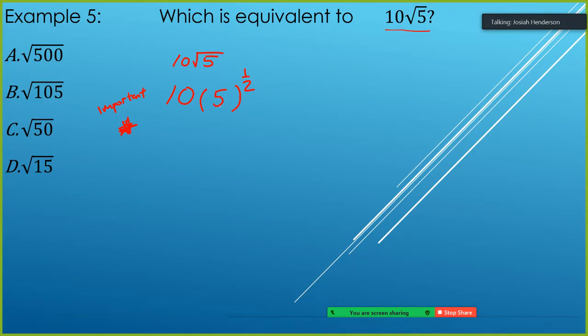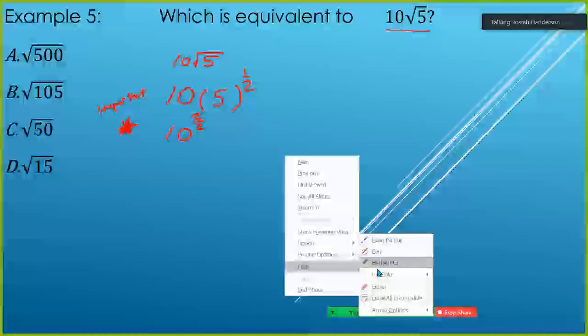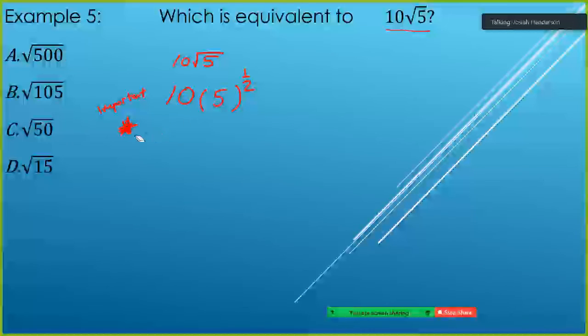So what's going to happen next is a little different, and it's not obvious, okay? I want my 10 to have the same kind of exponent as my 5 does. I want it to have a something over 2 exponent. So I'm going to make it 10 to the 2 over 2. Let me make this a little lower so we have some space.